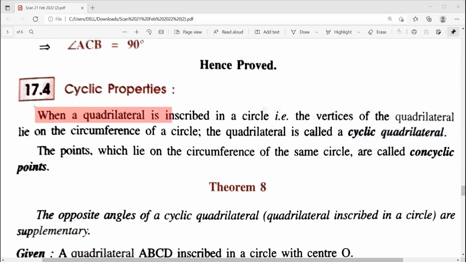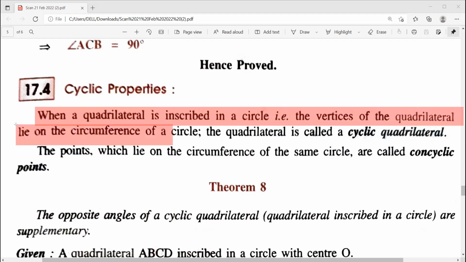When a quadrilateral is inscribed in a circle, that is, you have the circumscribed circle, that is, the vertices of the quadrilateral lie on the circumference of a circle, the quadrilateral is called a cyclic quadrilateral.